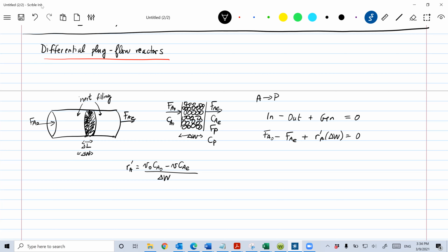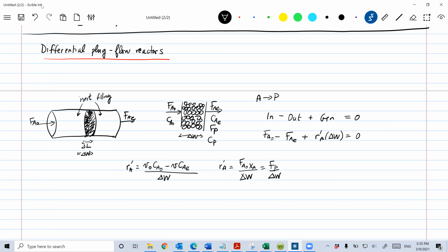So you can do normal calculations as you would for a PFR. Now if V is equal to V naught, actually not really, you could say that you can calculate the rate as a function of flow of the product out.